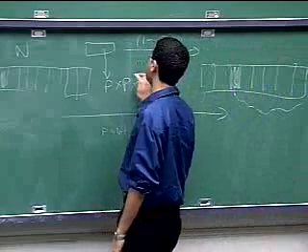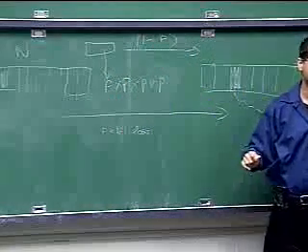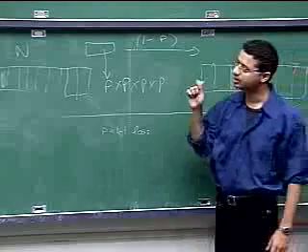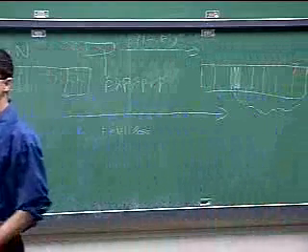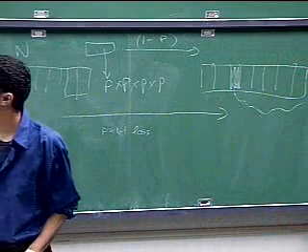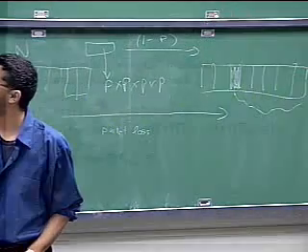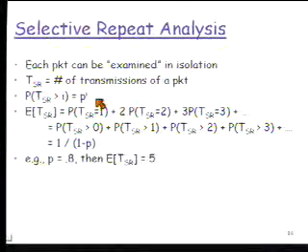So each time the packet gets dropped, it has to be retransmitted, and the probability of more than i transmissions is p raised to i. Okay, we're clear so far?